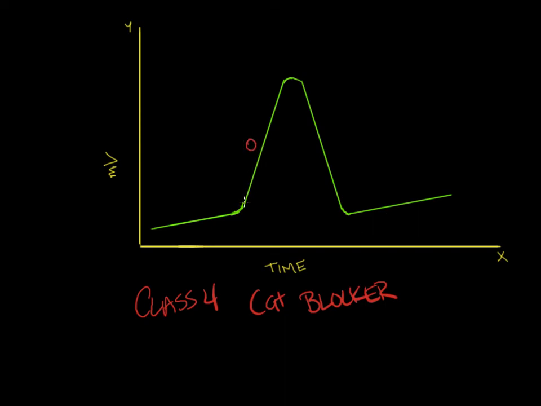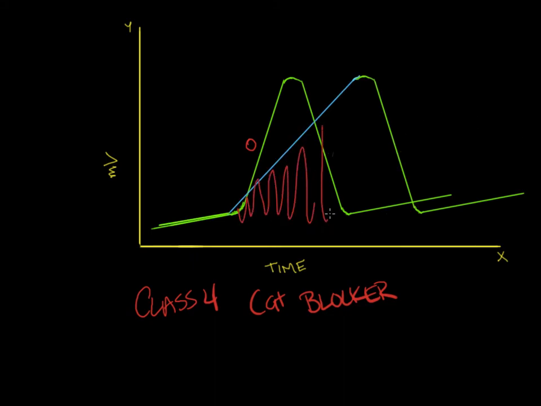So we're going to end up decreasing the slope of phase 0, extending our refractory period. So we'll go from here to here. Again, extending our refractory period and slowing our heart rate down.